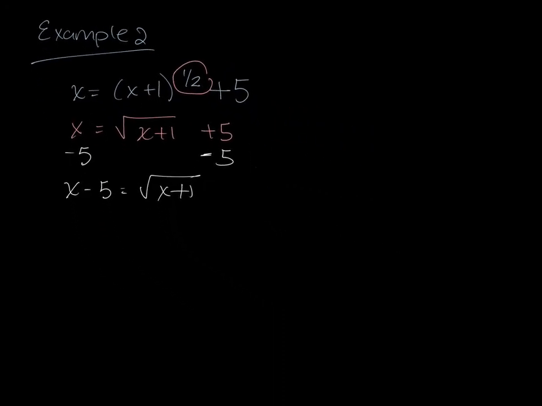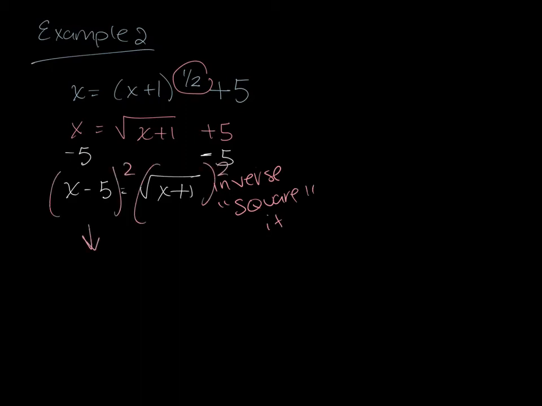Okay, so now we want to solve for x. In order for us to solve for x, I need to get rid of the square root. I'm going to use the inverse, and I'm going to square both sides.